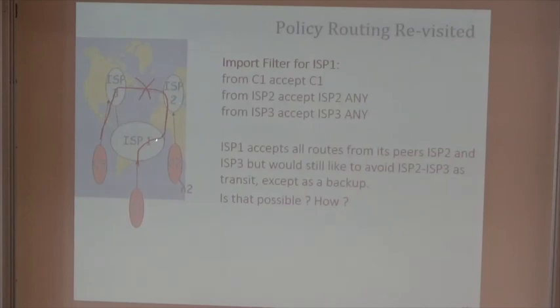So you would like to accept all the announcements that are received from ISP2 and ISP3. For example, if you receive a route for a prefix in C3 that has an AS path ISP2, ISP3, C3, in the policy that I explained before, you would reject it. You say, I don't keep it. Right?